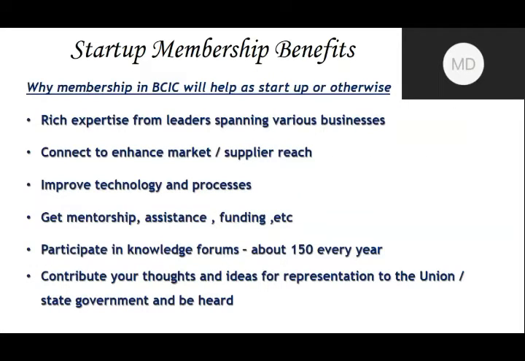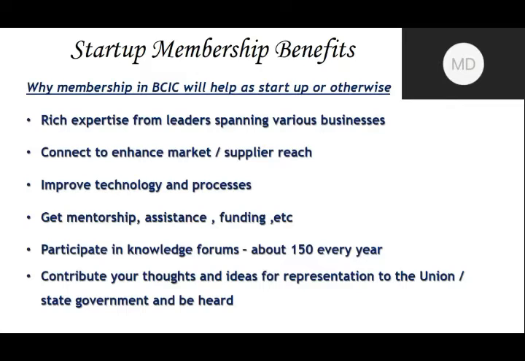Some of the other strengths of BCIC: one thing I already mentioned is that BCIC has a huge number of corporate members in our folds.